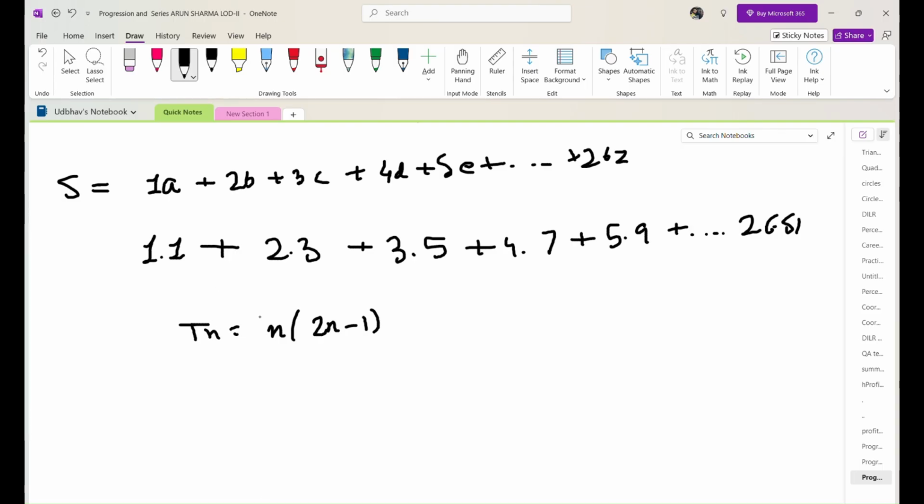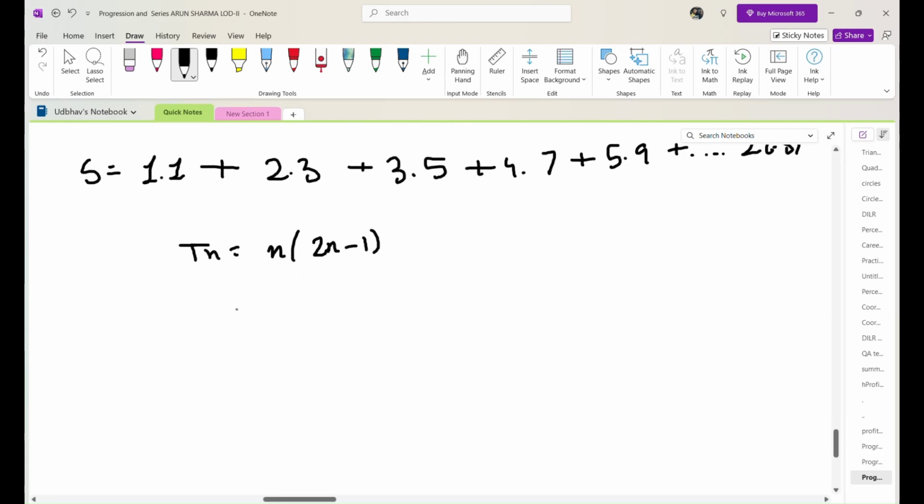The general term for this will be 2n square minus n, sigma.